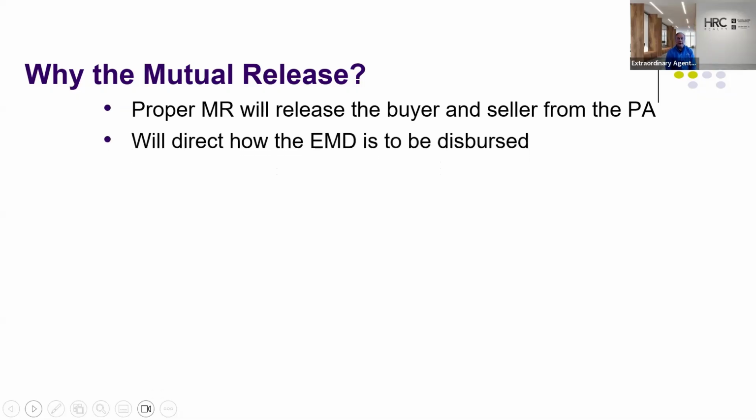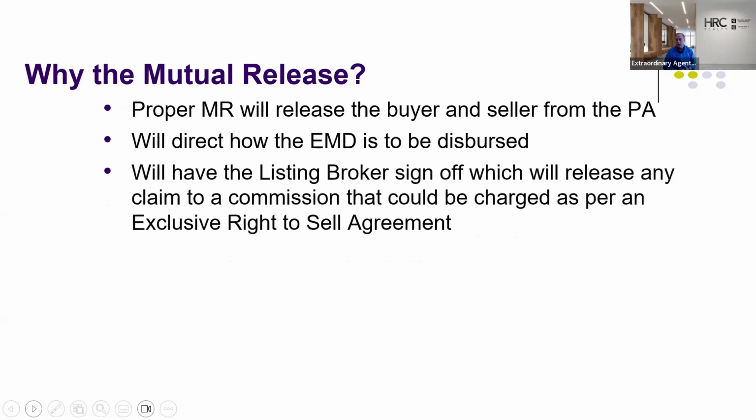Well, here's what it does. It really directs how the EMD is to be dispersed. It makes it real clear that any party that could have any claim to that, they've all signed off as to how it would be dispersed. So it says, one, buyer, I release you. Two, seller, I release you.